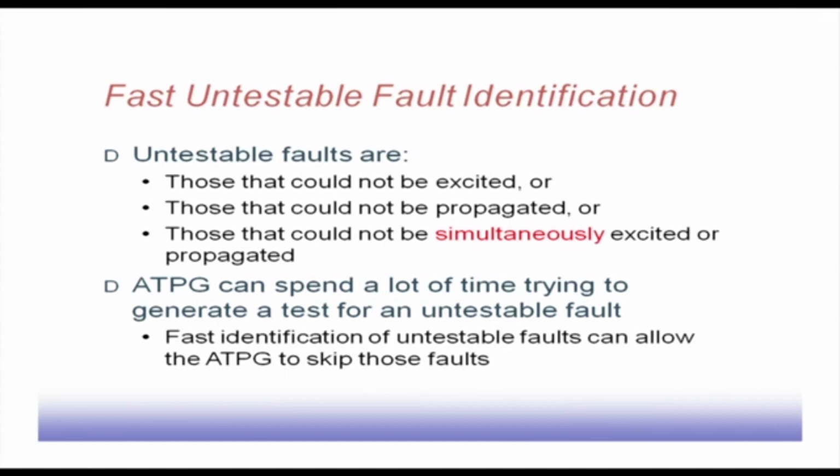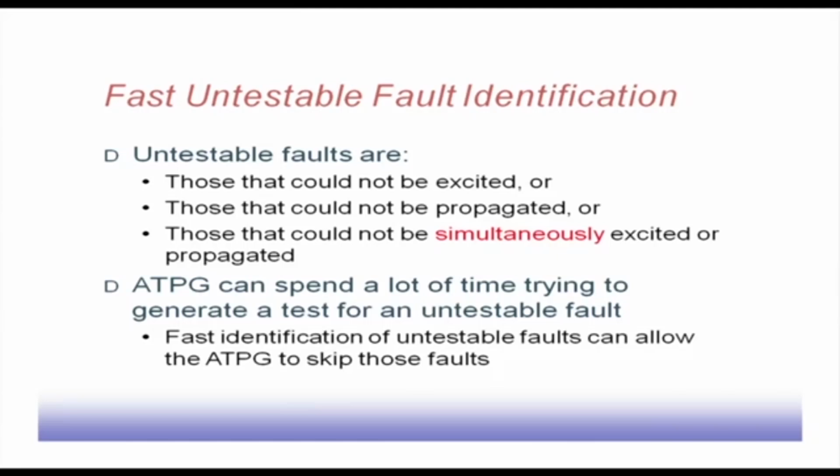Another very important issue in this ATPG algorithm is to identify which faults are untestable. Otherwise, if a fault is untestable, an ATPG algorithm will go on running this backtrack routine and try to explore the search space in more and more detail, but since the fault is untestable, it will never be able to find any pattern for it.